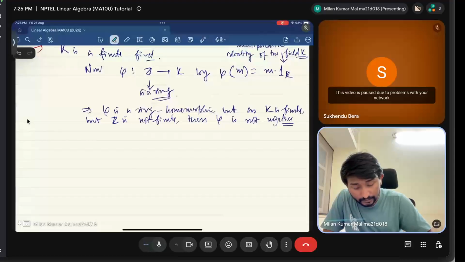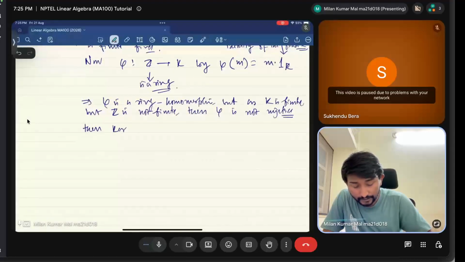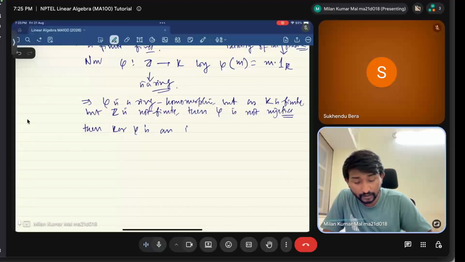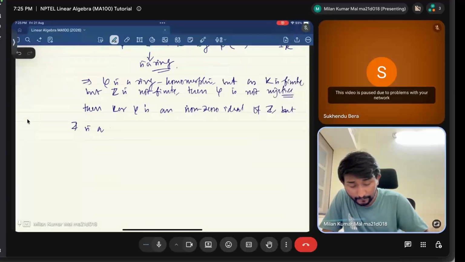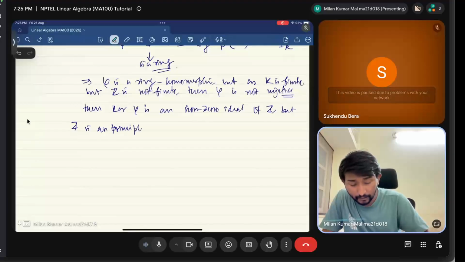then the kernel of phi is a non-zero ideal of Z. But Z is a principal ideal domain.